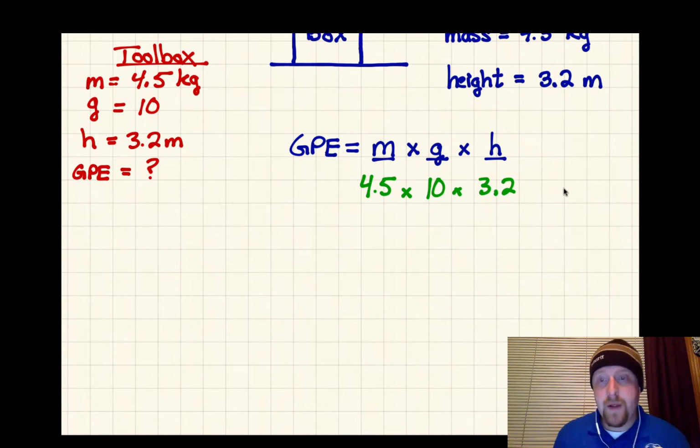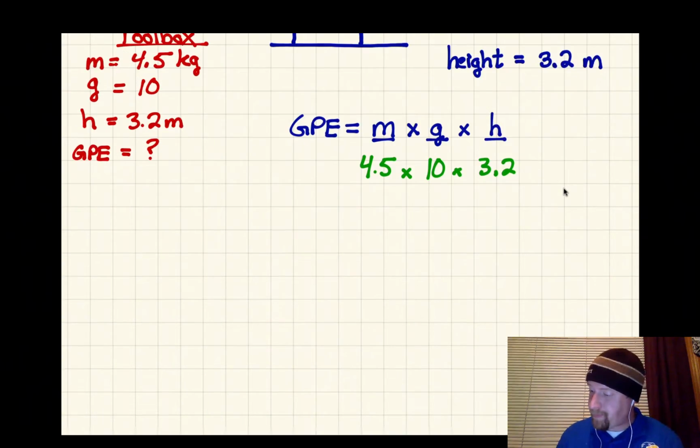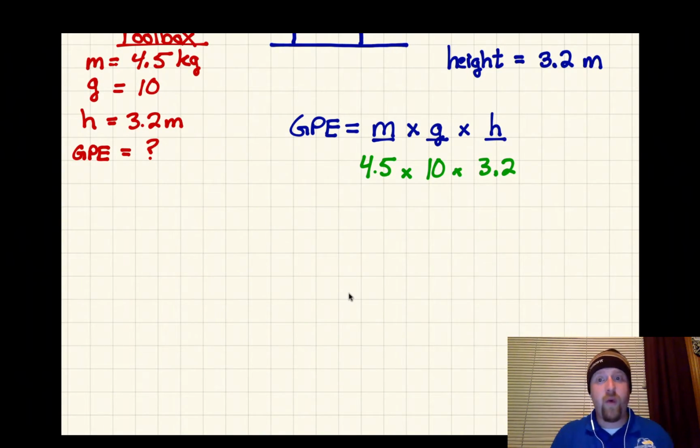If I do this math on a calculator, 4.5 times 10 is 45, times 3.2 gives us 144.